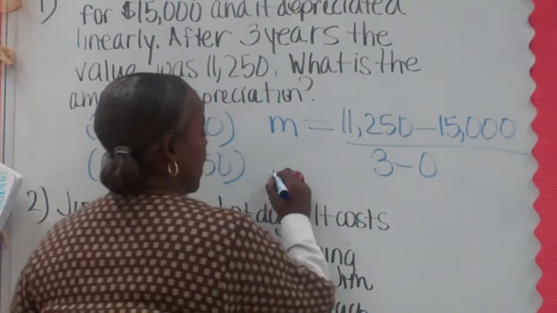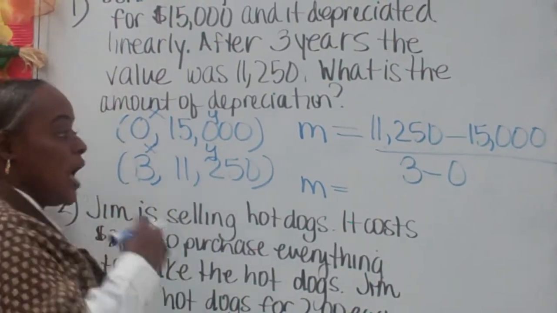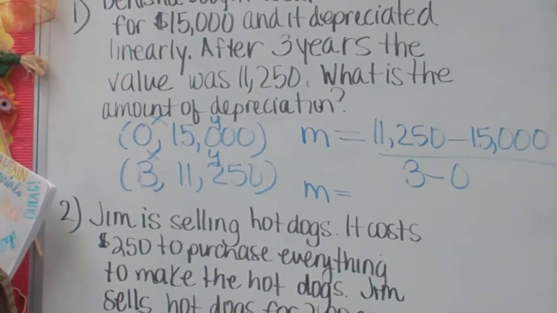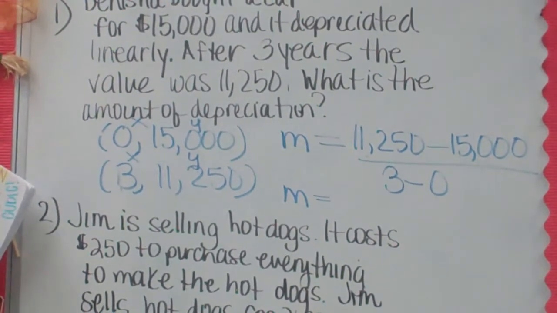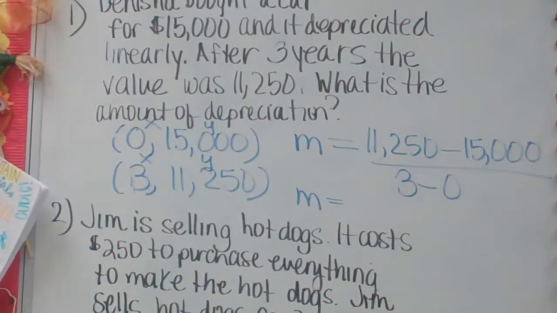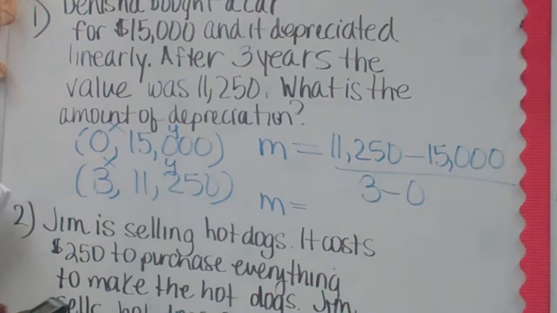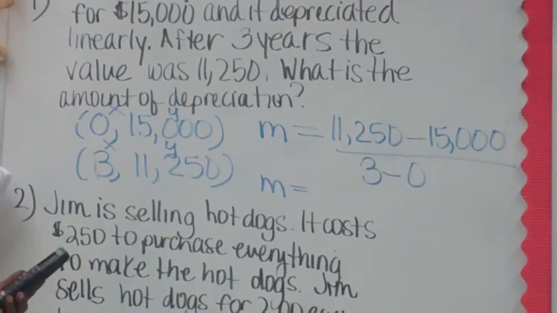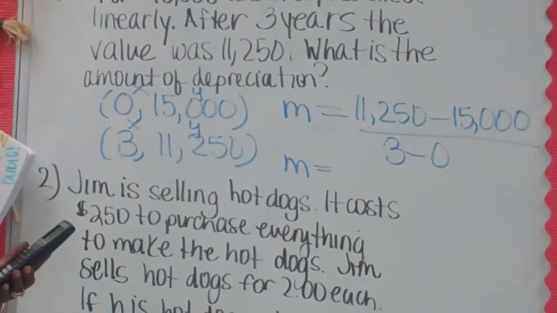Now we can just simplify this. M is equal to, take your calculator, type in 11,250 minus 15,000. You should get 3750. But let's type that in just to check and make sure. All right, we got 11,250 minus 15,000.